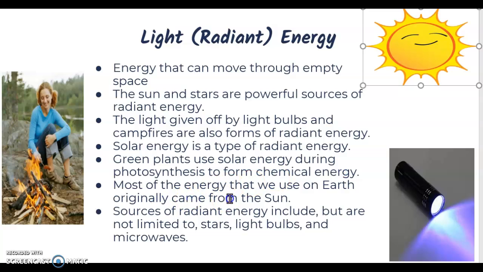Most of the energy that we use on Earth originally came from the sun. Other sources of radiant energy include, but are not limited to, the stars, light bulbs, and microwaves. And even our candles, fires, and flashlights. These are sources of light energy.